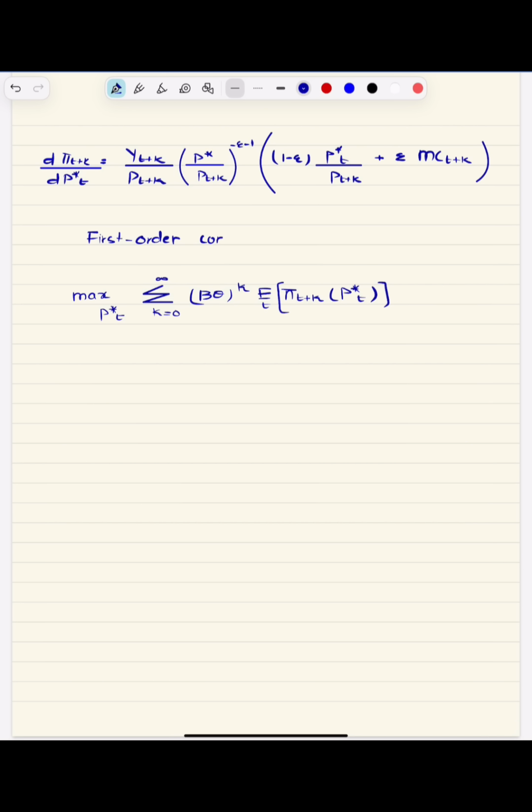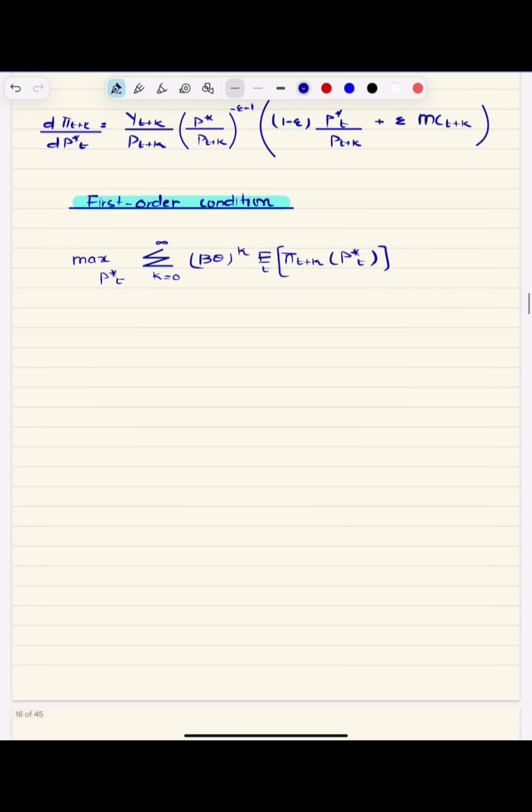I think we can actually, because it's an infinite horizon dynamic problem, also solve this by making a Bellman equation. But I think it's fine right now, even if I just take the first order condition and put it equal to 0. So I'm trying to find the optimal price.